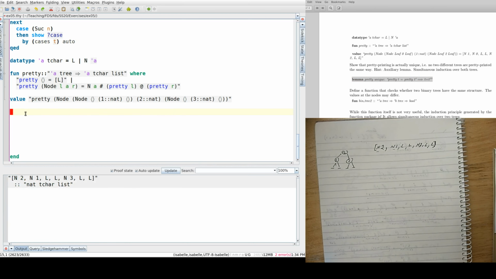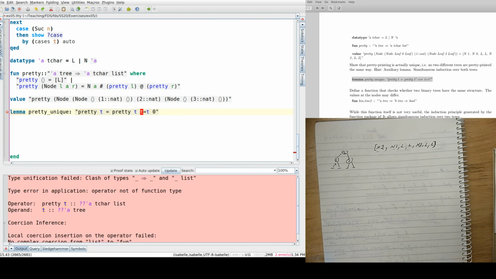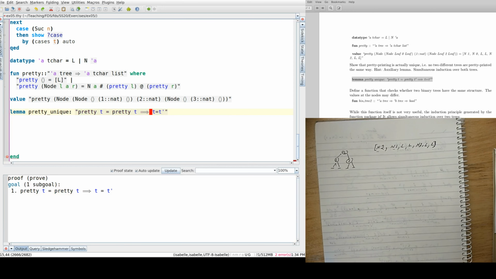Okay. So we want to show that this pretty, basically the output of this function, is unique. So it means that if two trees have the same pretty printing, then they are the same trees. Okay, so let's do that.